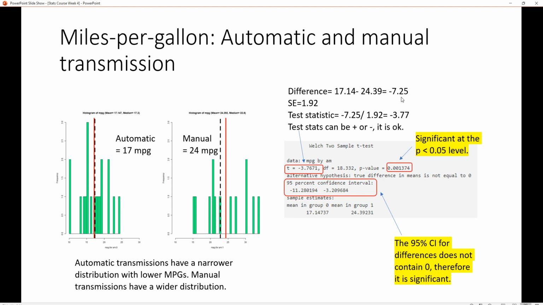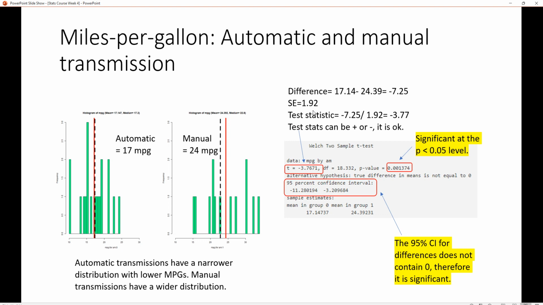What's being done in that calculation is we're now getting a sampling distribution of group differences. In our sample, we see it's negative 7.25, so we would expect that sampling distribution to have values not too far different from negative 7.25. And the standard error is 1.92.